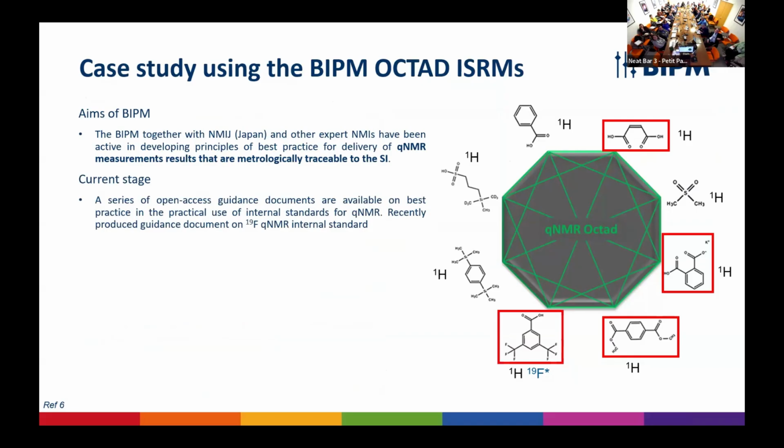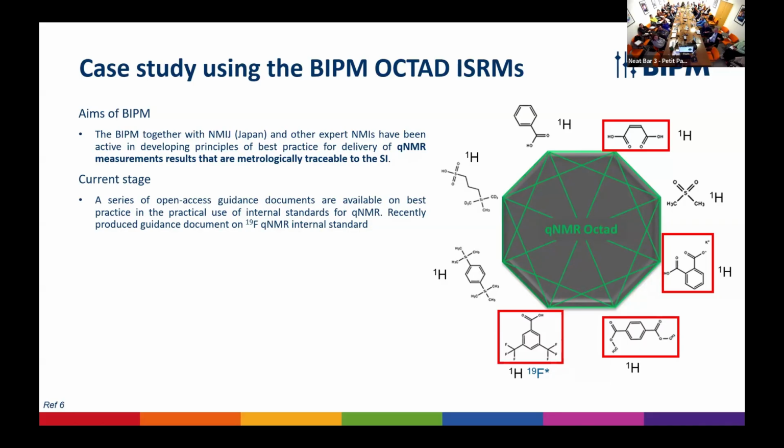They've been released over the last couple of years in open access guiding documents on the best standards. This has been called the qNMR Octad, which is now kind of a non-ad because of what Wagner talked about, the fluorine based element that's been added here. So that plays two roles. And again, talking about how 19F qNMR is starting to take a real boost.